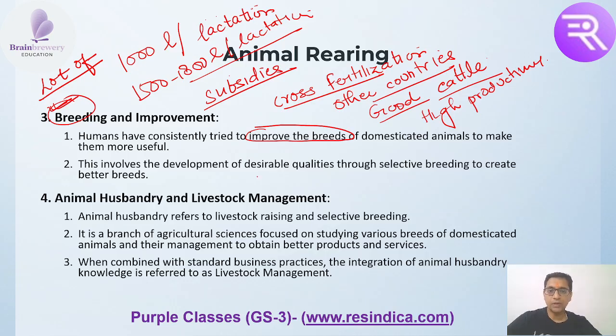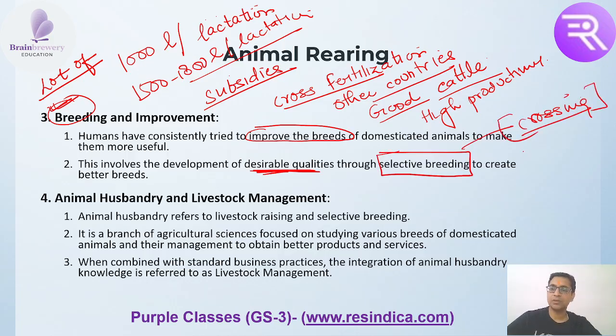So we want to develop desirable qualities by selective breeding, by crossing and selectively breeding and finding the best quality among them. Then the fourth is animal husbandry and livestock management.